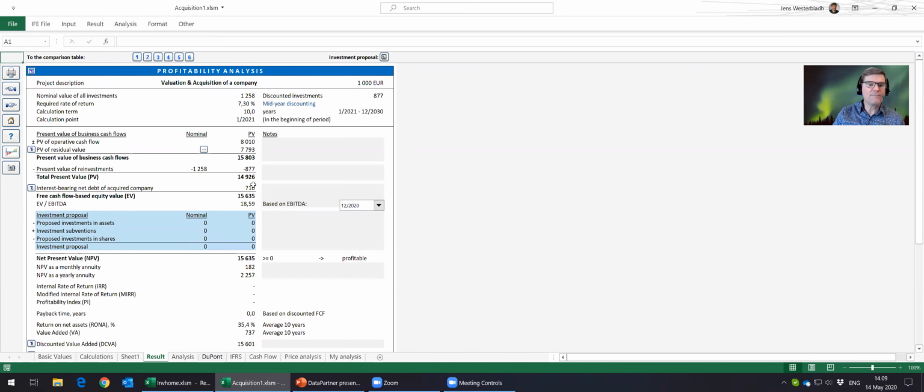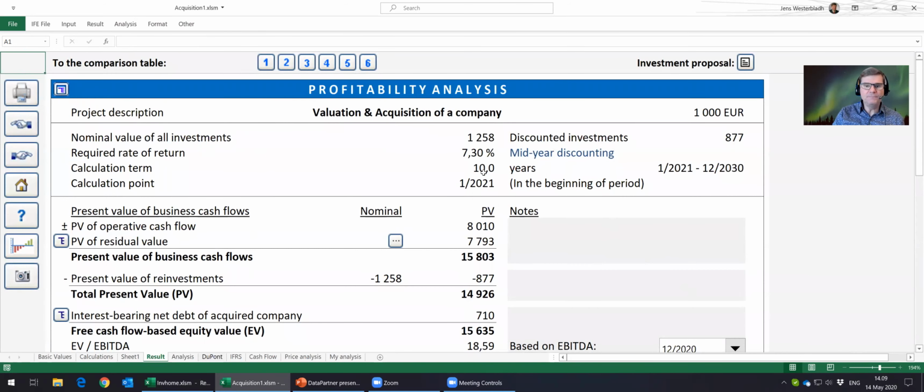Now let's have a look. I will make this slightly bigger. Yep. So the nominal value of all investments is every year, and is 1.258, discounted 877. The required rate of return on discounted is 7.3. The calculation term is 10 years, starting from beginning of 21, and that's also the calculation point.